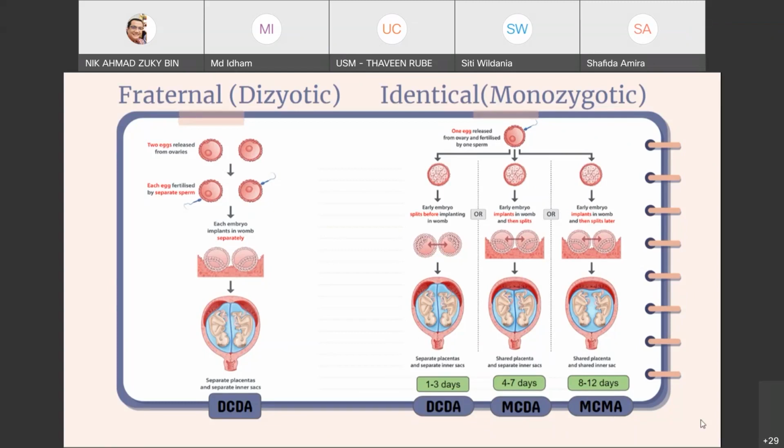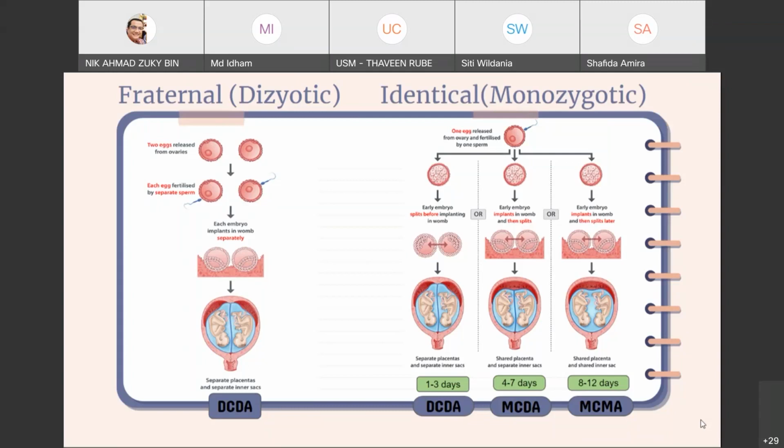But monozygotic can have 4 conditions: dichorionic diamniotic, monochorionic diamniotic, monochorionic monoamniotic, and conjoined twin, based on the cleavage of the cell. When the cleavage occurs later, more than 12 days, it may become conjoined twin. If the cleavage or separation occurs less than 3 days, it's similar to the dizygotic, dichorionic diamniotic.